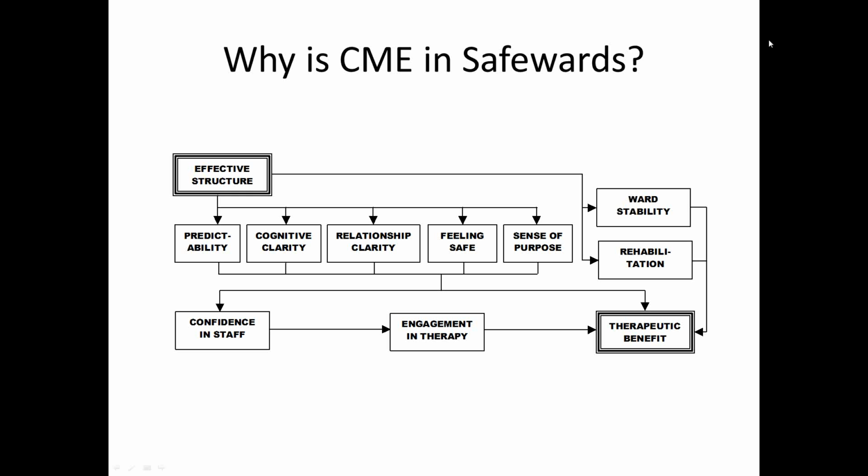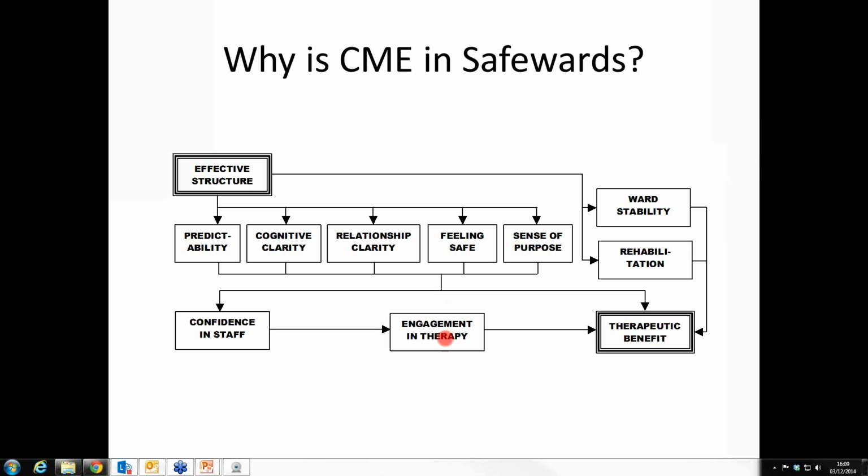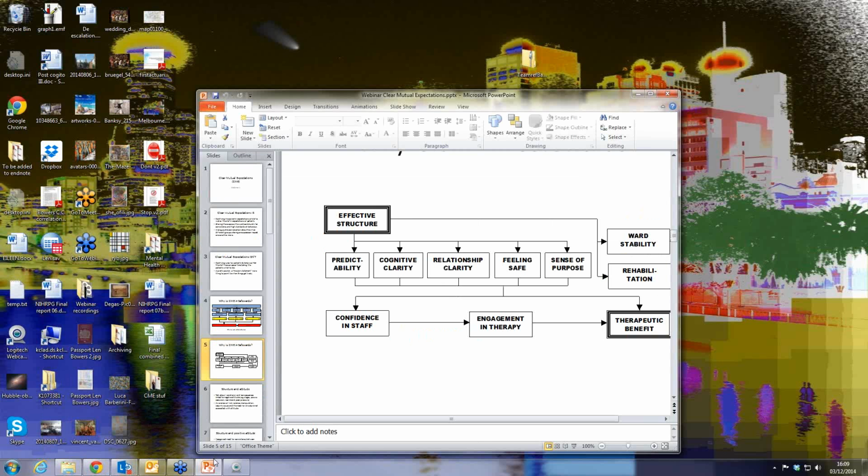Let me take a highlighted pointer here. There you go. Effective structure. I've got various windows that have come up. Just give me a pause. I'm having all kinds of troubles with what I can see on my screen. Sorry.